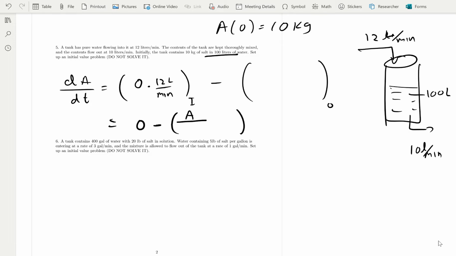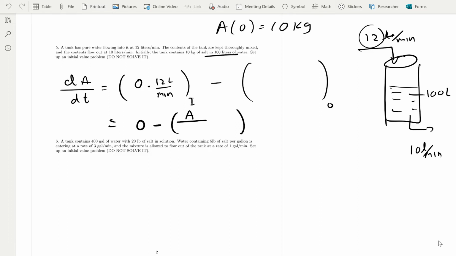So really, when the inflow rate and outflow rate are different, the volume of the tank is going to change. I mean, think about this. When you pump 12 liters per minute and take 10 liters per minute out, you're going to add 2 liters of water every minute. Think about it. The rate coming in is 12, the rate going out is 10. So 12 minus 10 is 2.